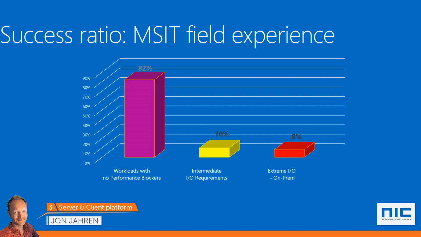So 80% of the workloads were fine, those workloads with no performance blockers at all. And then there were something around 8% which had extreme I/O, which represented challenges that could be addressed with careful design of those VMs, but in some cases needed to stay as on-premises solutions.